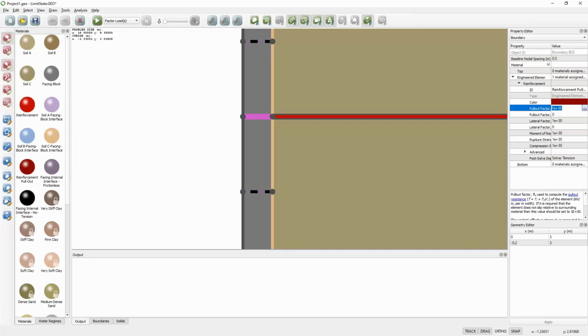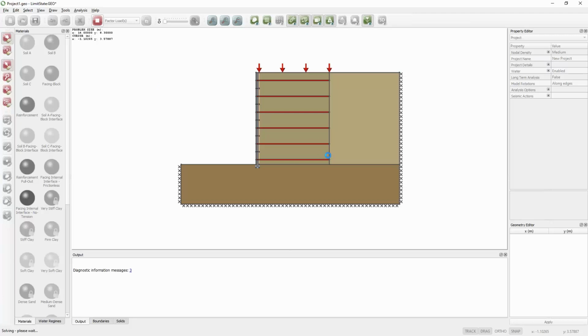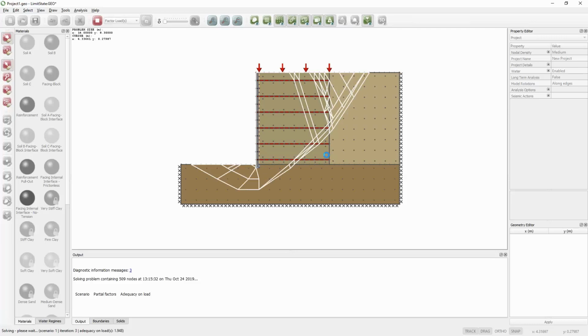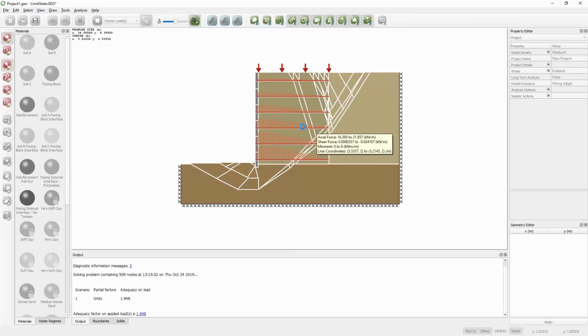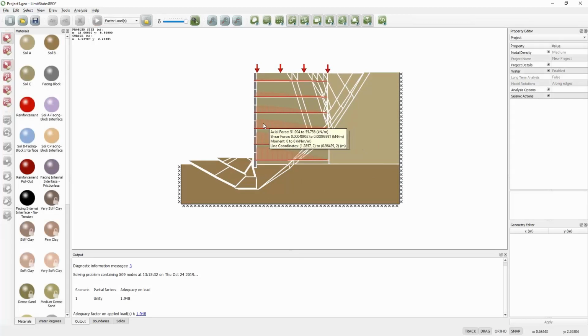I've got a question about whether I can elaborate on the bending behavior of the nail. If I just run that model, we get a multiple wedge failure mode for this particular block, and we can see the axial forces building up along that.